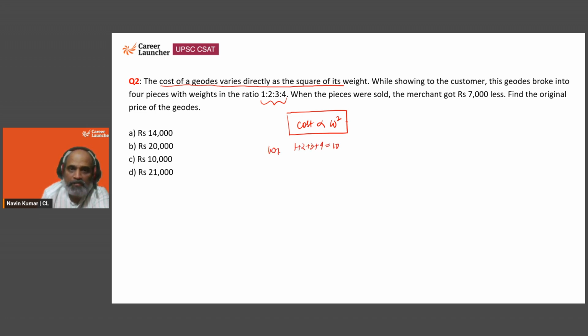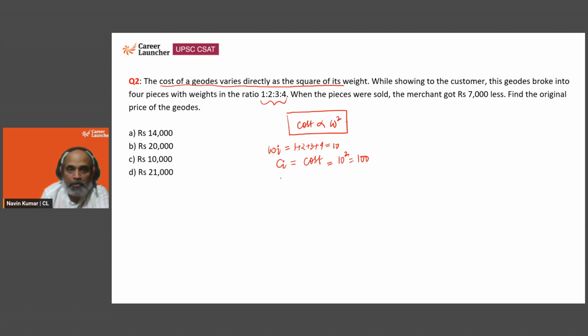So this was the initial weight. If this was the initial weight, then the initial cost, let's call it CI, is going to be the square of 10. So it's going to be 100 rupees, 100,000 rupees, 100 lakh rupees, something in terms of 100.